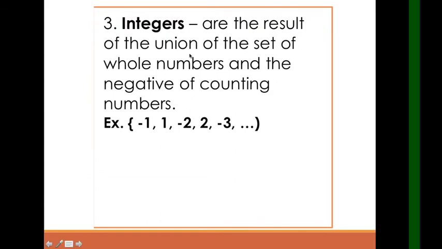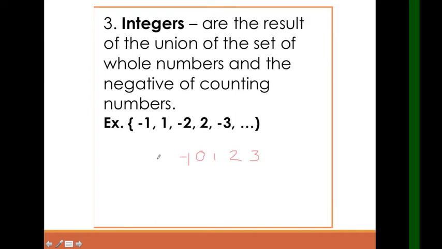Integers naman are the results of union of sets of whole numbers and the negative of counting numbers. So kapag sabing integers, ito yung mga numbers na kung saan yung zero ang laging gitna. Meron tayong positive numbers or counting numbers at meron tayong negative counting numbers.